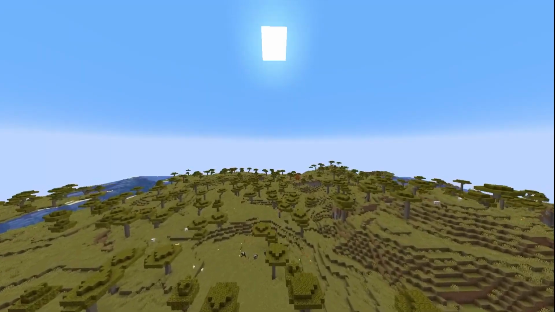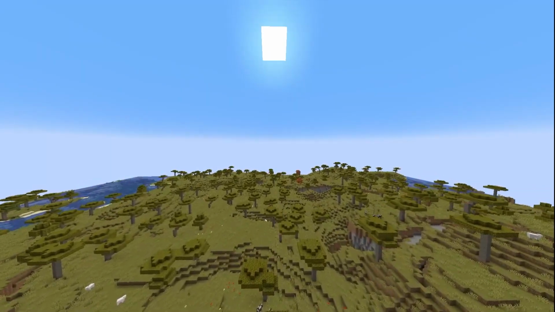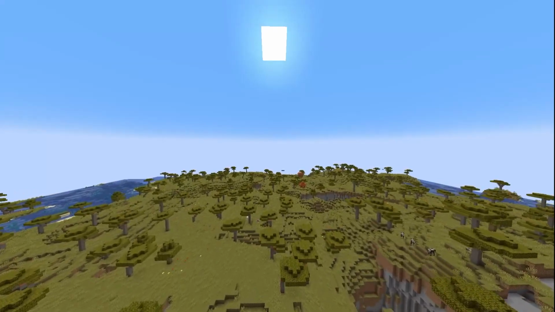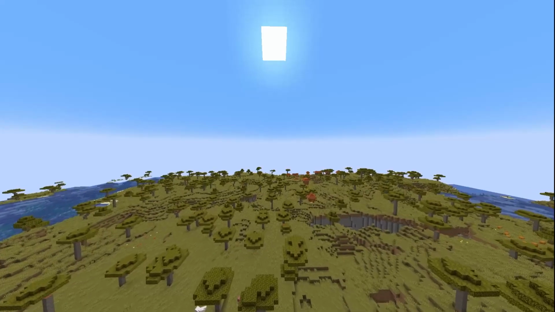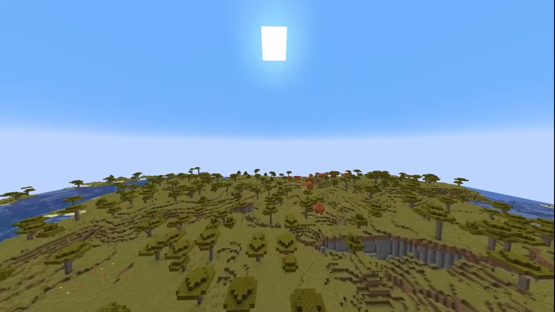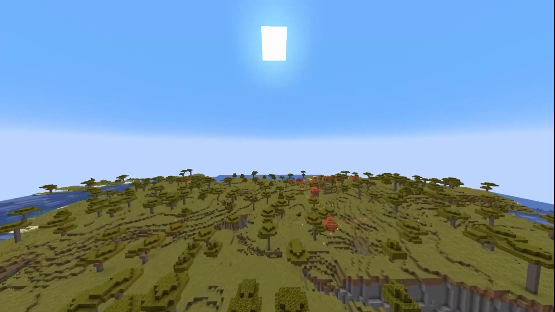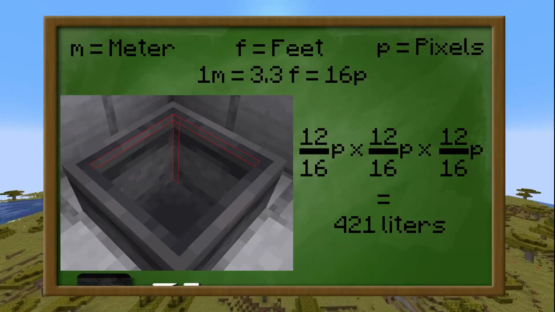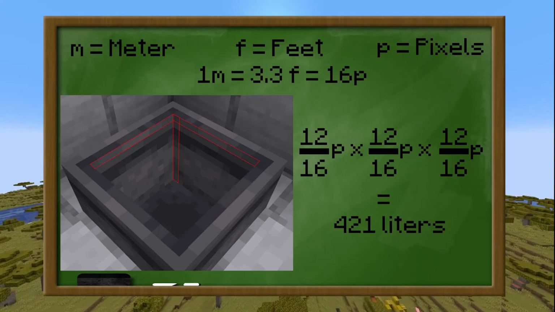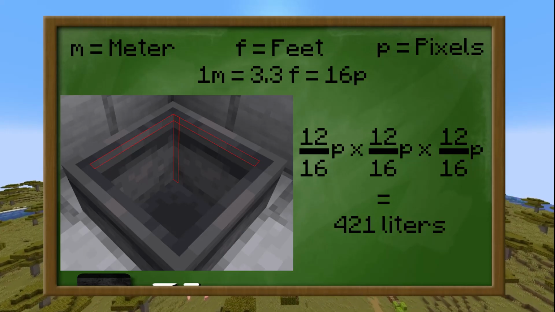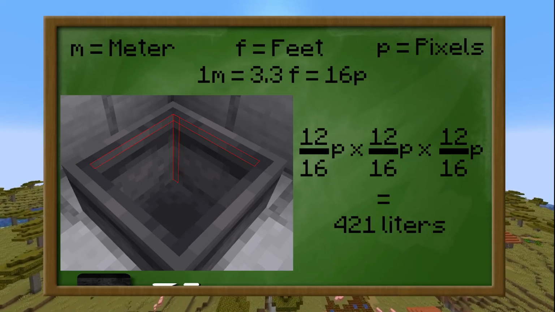Okay, so we'll go away from the bucket for now. But we can use the water bucket on a tile entity, the cauldron. The cauldron is a full block. The inside of a cauldron is measured to be 12 by 12 by 12 pixels, so it fits around 421 liters.